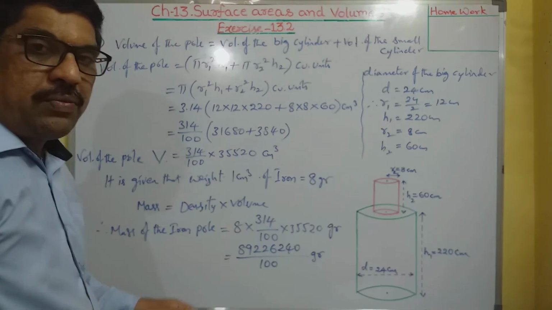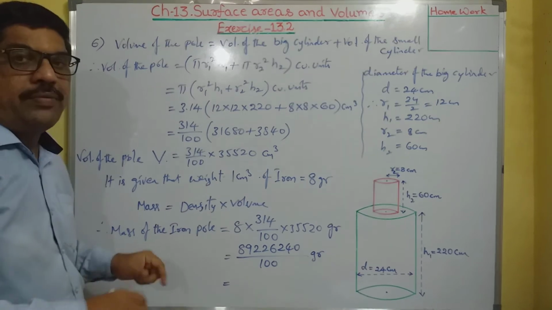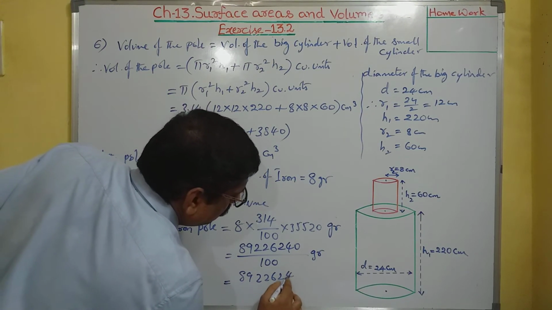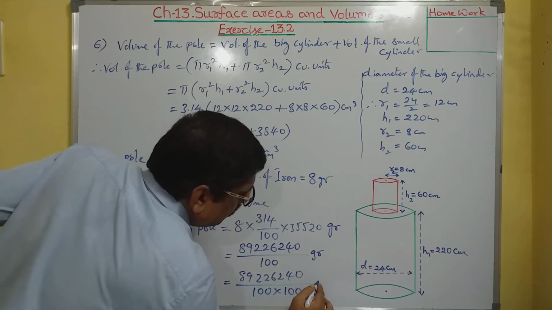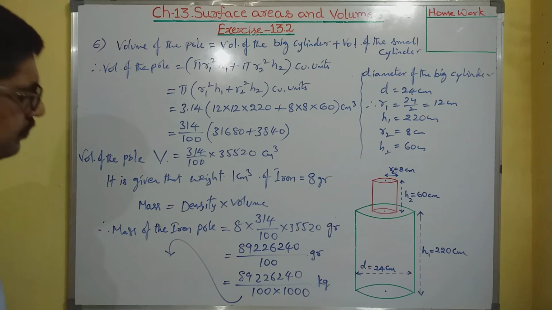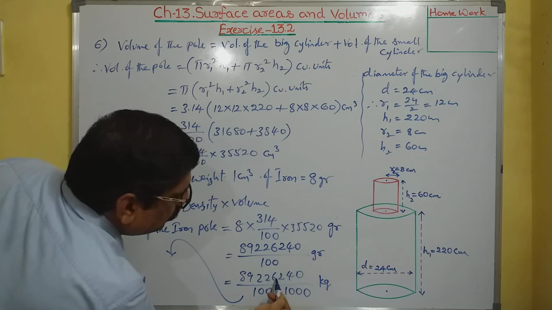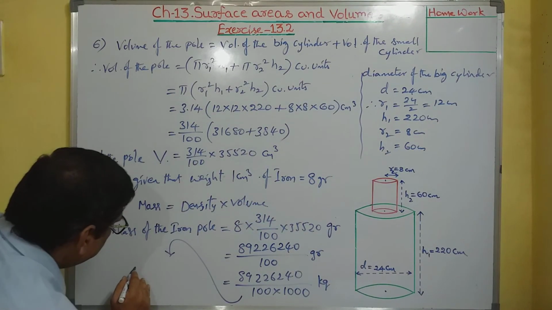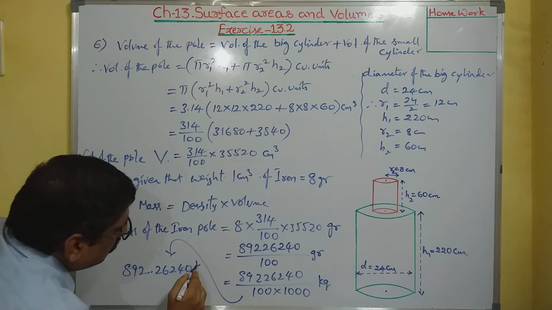Let us find the weight in kgs. If you want to convert grams into kgs, we need to divide by 1000. So we get 89226240 over 100 already, and now dividing by 1000, the point will come before 5 digits, so we get 892.26240 kgs.